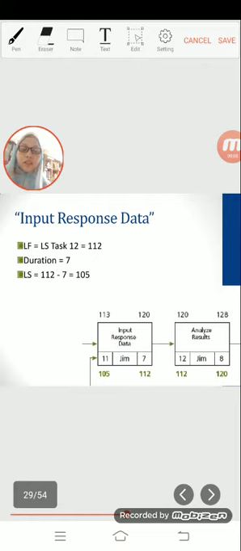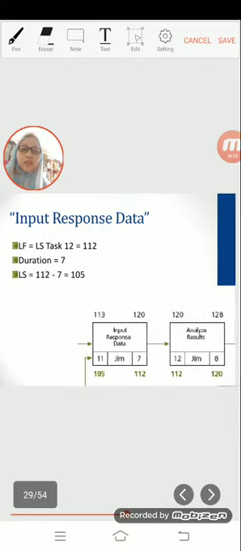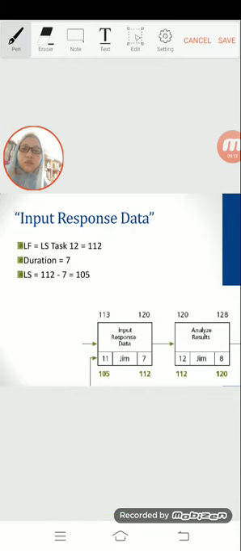Okay, here we have 112. 112 minus 7 equals 105.